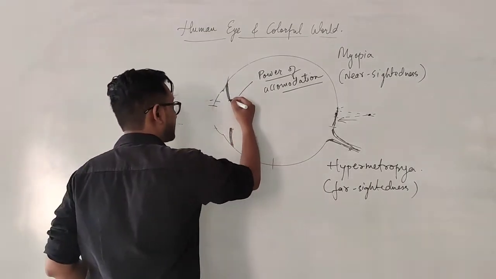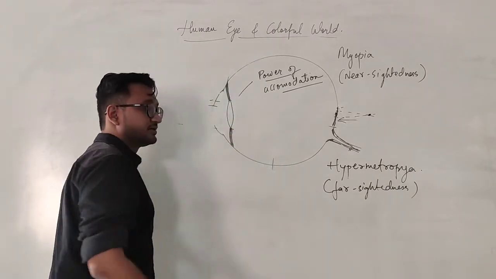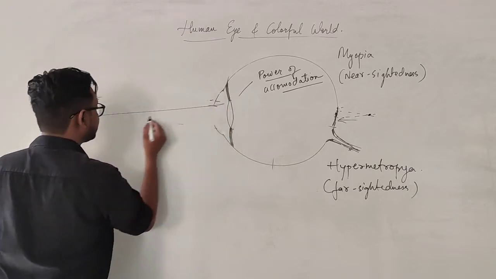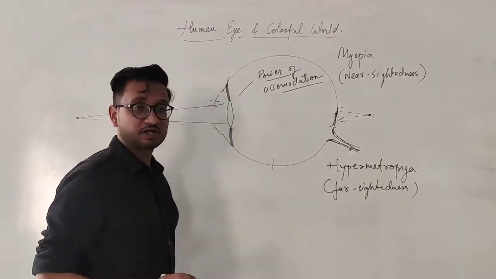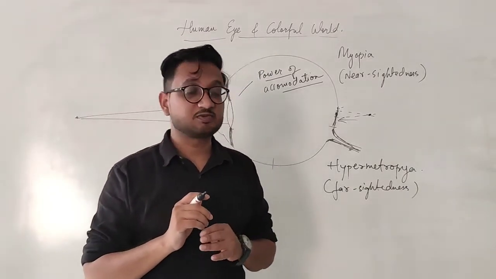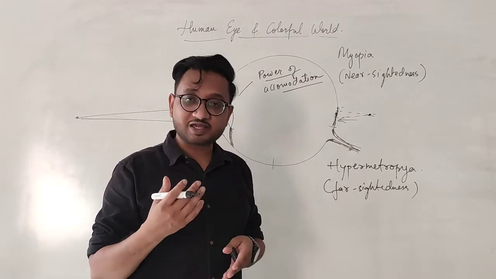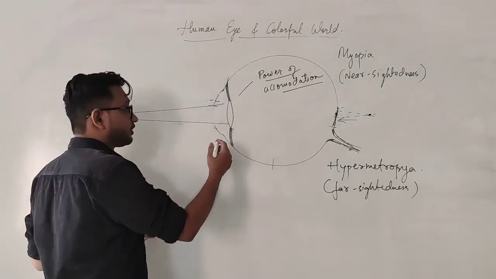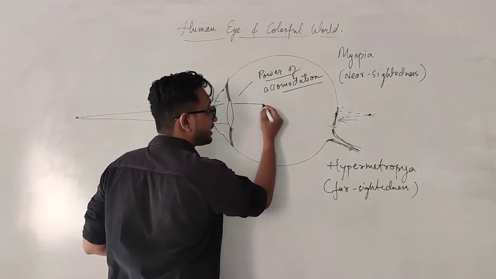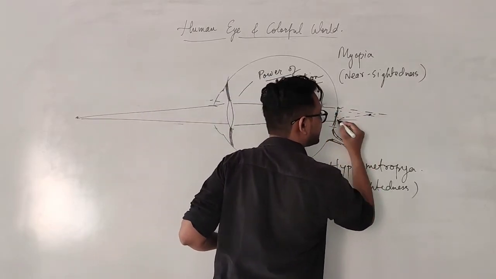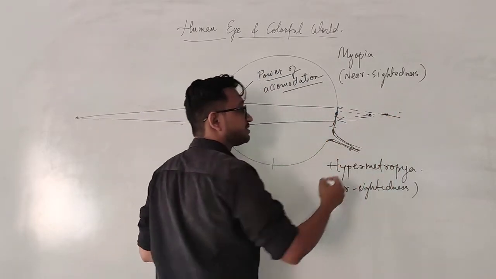So the eye lens is now quite thin. Okay? So if there is a nearby object and it cannot change its focal length, the power cannot be changed because the power of accommodation is no longer working in our human eye. Therefore, this thin eye lens will not have a great convergence and the focus point is behind the retina, just like I explained in the previous case.